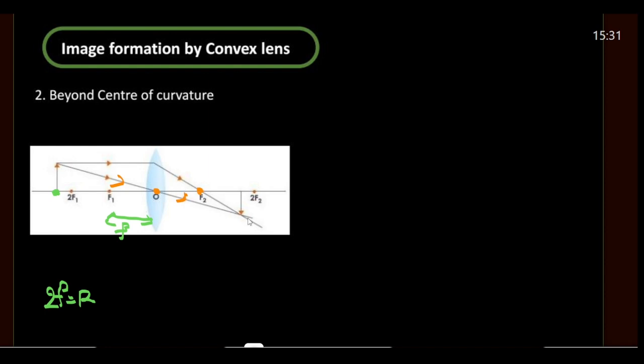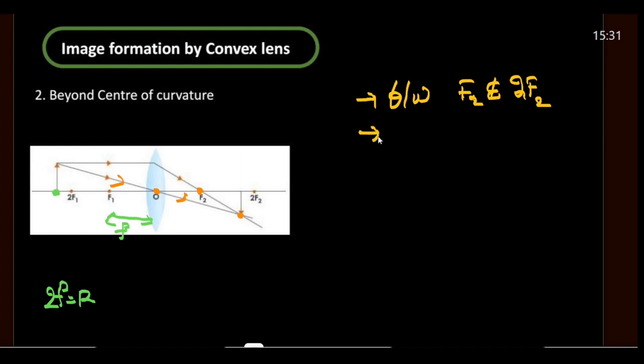When these two rays are extended, they intersect at this point. On this point only we'll get the image. So the position of the image is between focus and center of curvature, or between F2 and 2F2.